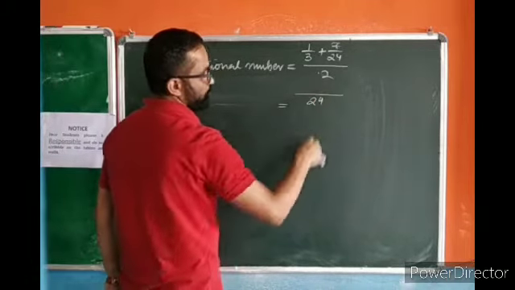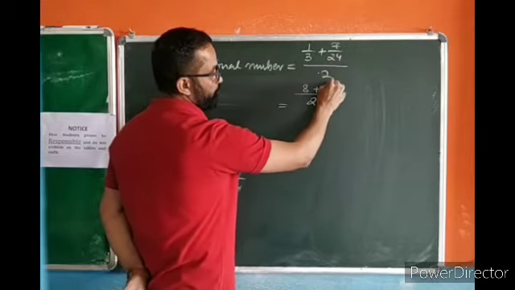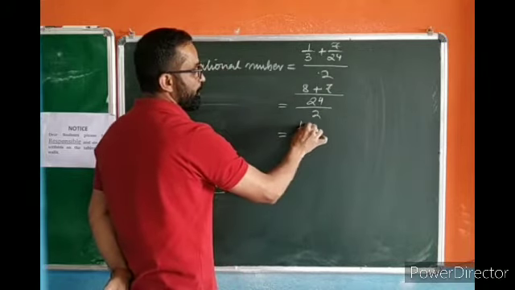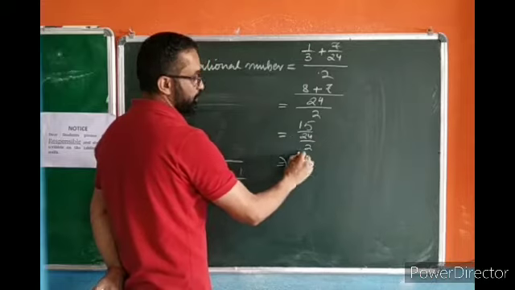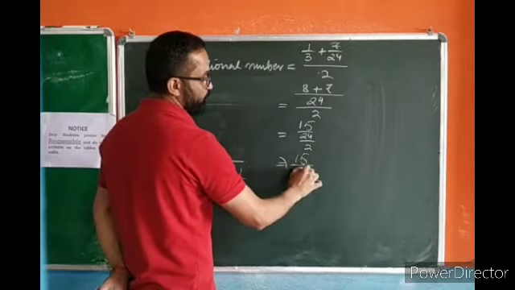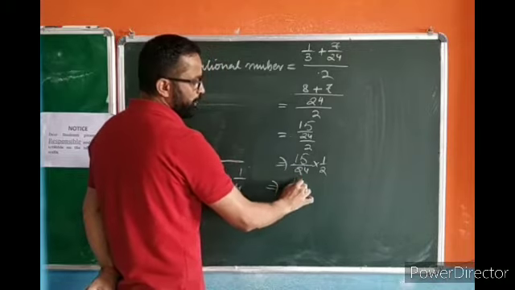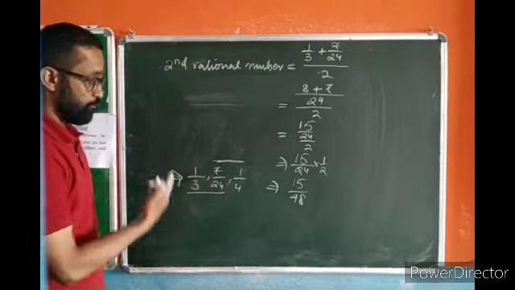LCM is 24. 3 times 8 is 24, and 1 times 7 is 7, divided by 2. You get 15/24 divided by 2, which can be written as 15/24 into 1/2. It is 15/48.